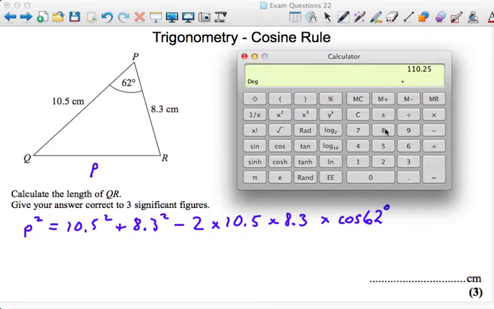10.5 squared plus 8.3 squared minus 2 times 10.5 times 8.3 times cos 62. On this calculator you put the angle in and then hit the cos button. Equals 97.31.